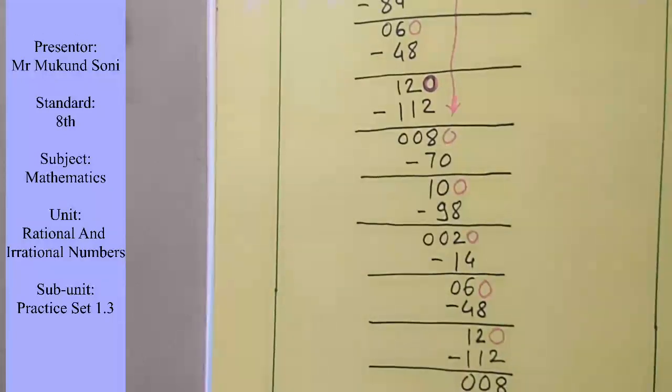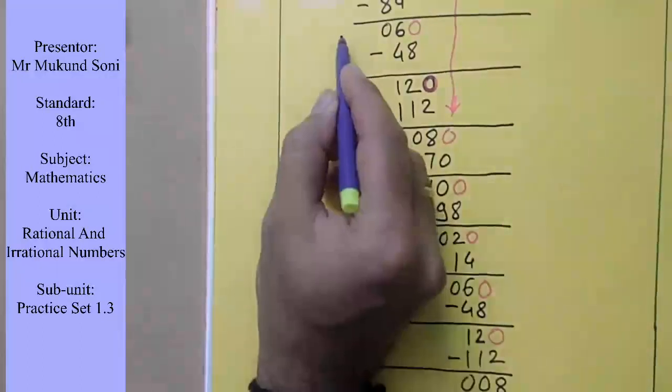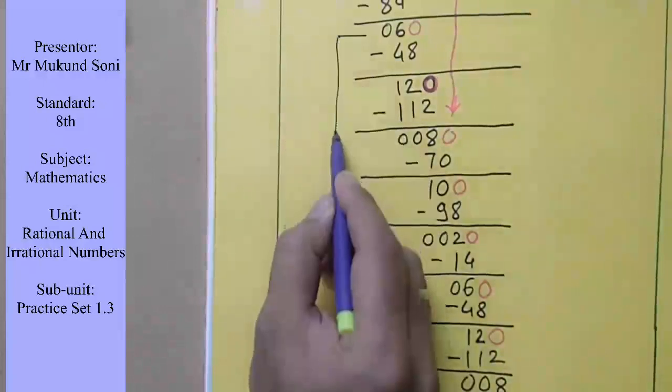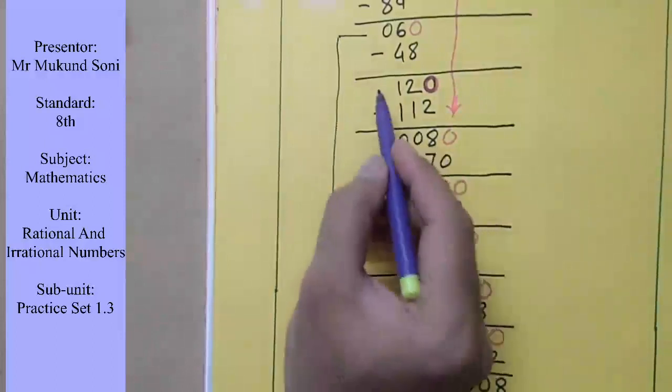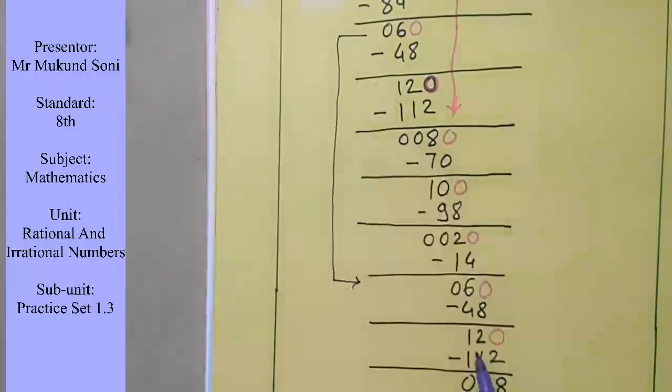Have you found it? Of course you found it. See, this 60 is getting repeated over here, and after that you are getting the same 12 over here. You are getting the same number 8 over here.